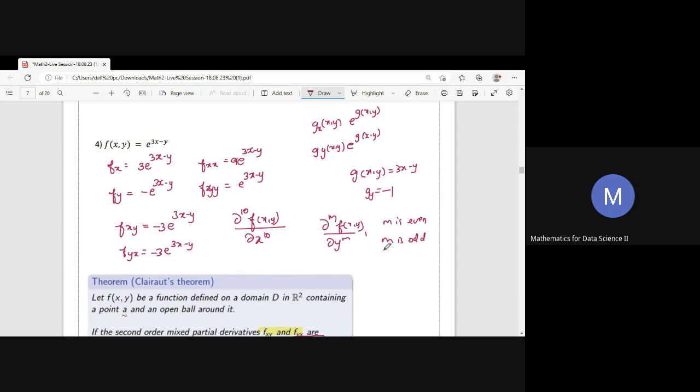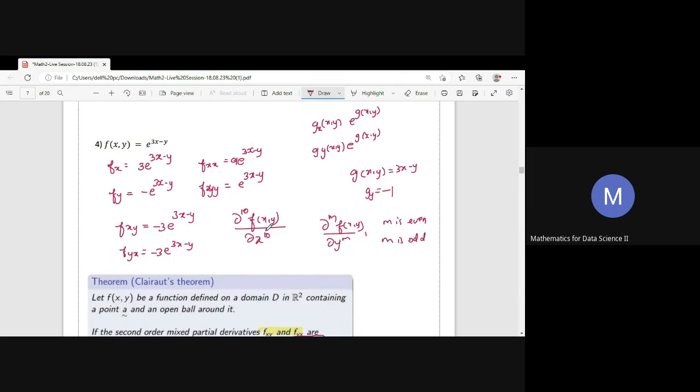And what about the partial derivative with respect to y, for some even number m? Let us take some even number. Then it is e power 3x minus y, the same function. If it is odd, then it is minus e raised to 3x minus y. Okay, you understand what the question is here.